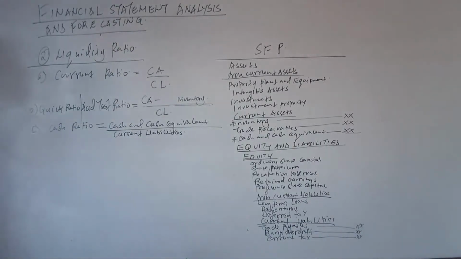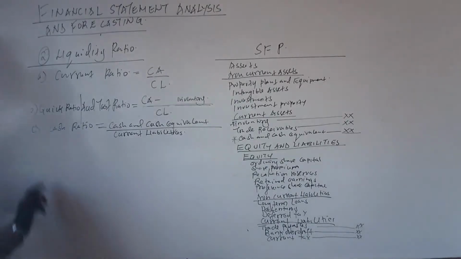So if we accumulate our ratios, we are already at ratio number 10.